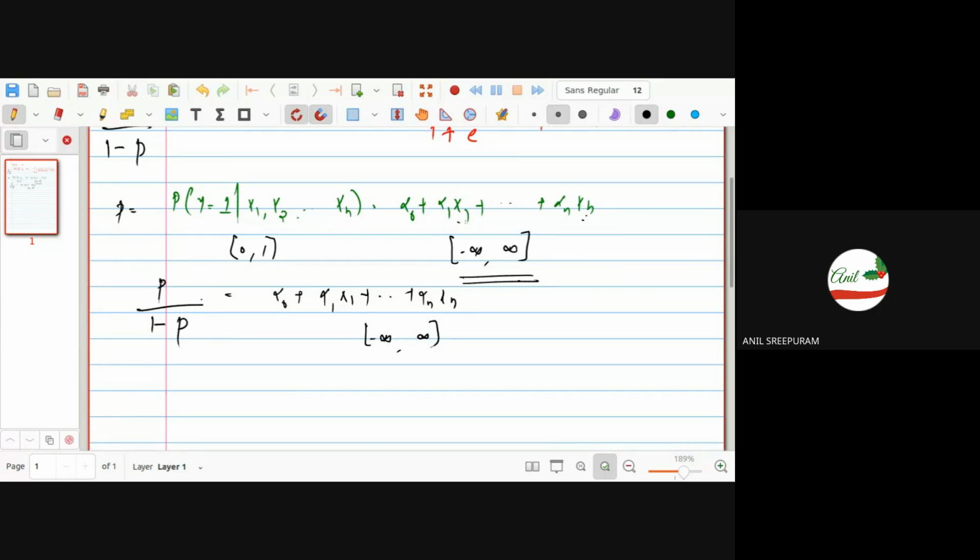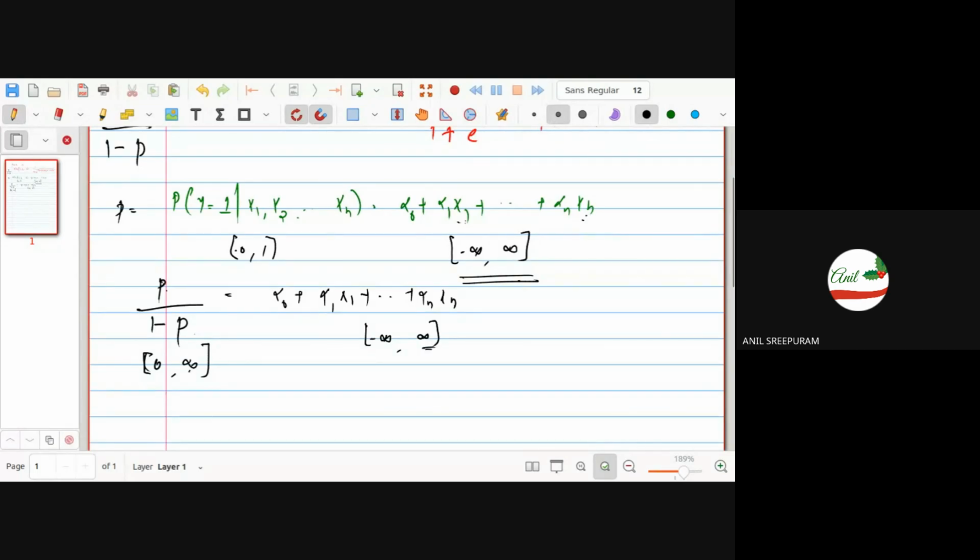Here, when you see the least value of p, since it's a probability it is 0, so 0 by 1 minus 0. So the least value is actually 0. But the highest value for p is 1. Therefore, 1 by 1 minus 1, that is 1 by 0. So now the range actually is matching with the right-hand side limit.